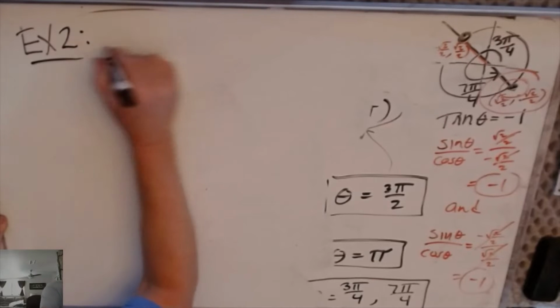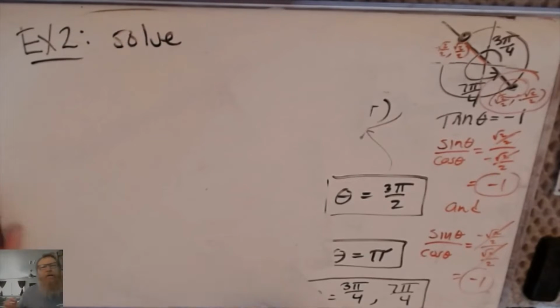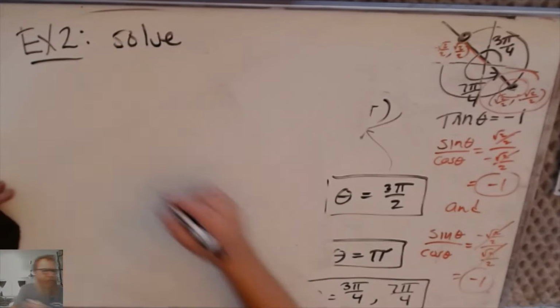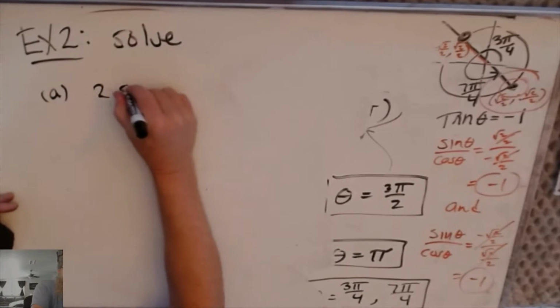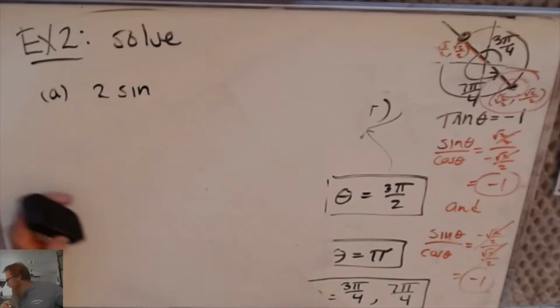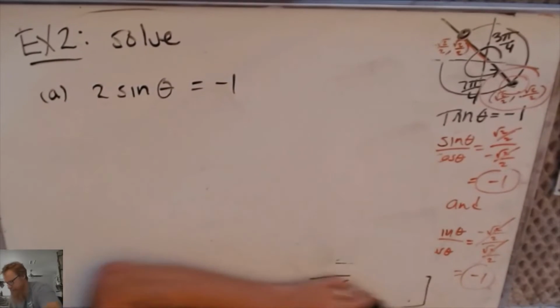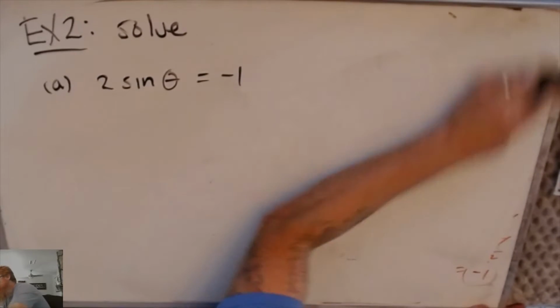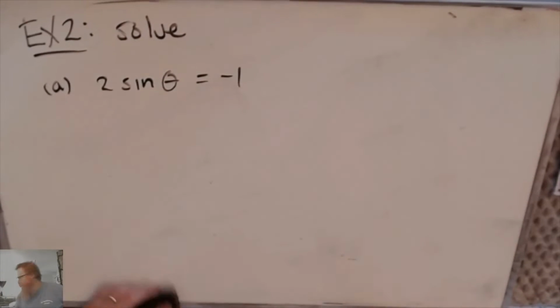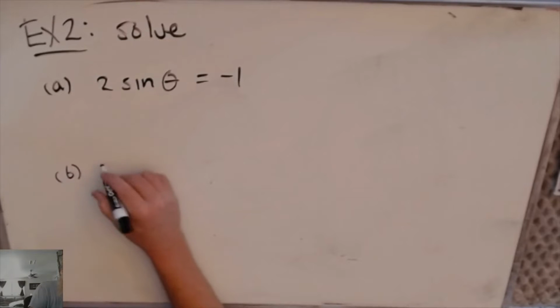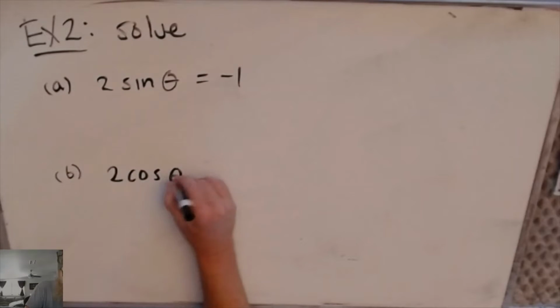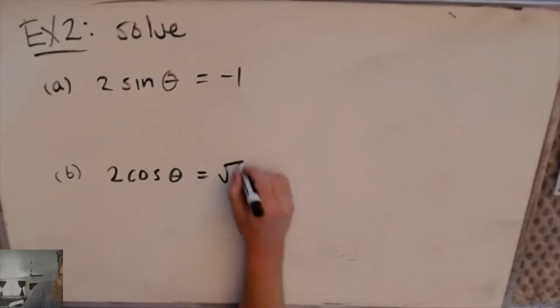Example 2. Solve 2 sine theta equals negative 1. Let's do 2 cosine theta equals radical 3.